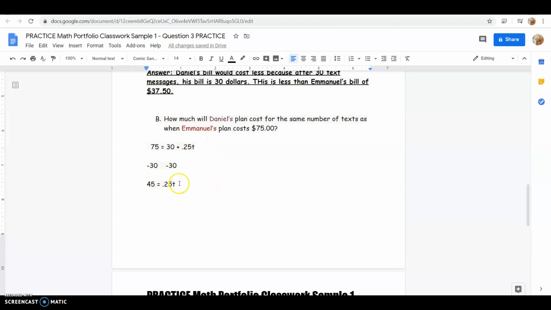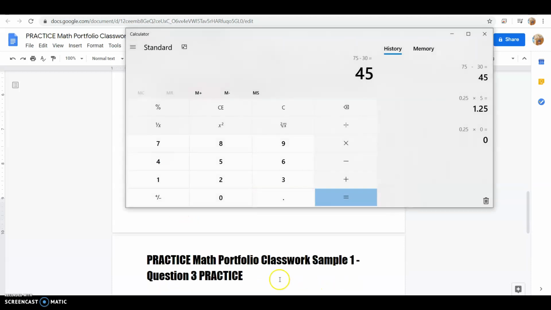So look what we have to do. We need to get rid of the 0.25 that's attached to t, and the only way to do that is to do the opposite of what 0.25 is doing to t, and this is multiplication. So 0.25 times t would have an opposite of division. So what we need to do is divide on both sides. Divide both of these numbers by 0.25. You see how I did it to both sides of the equal sign? And let's pull out our calculator.